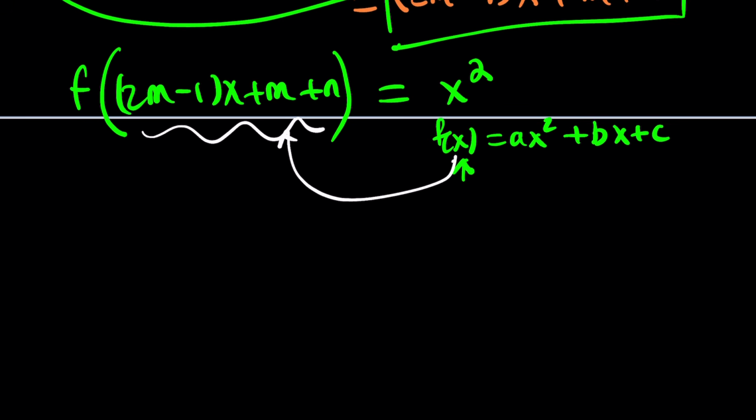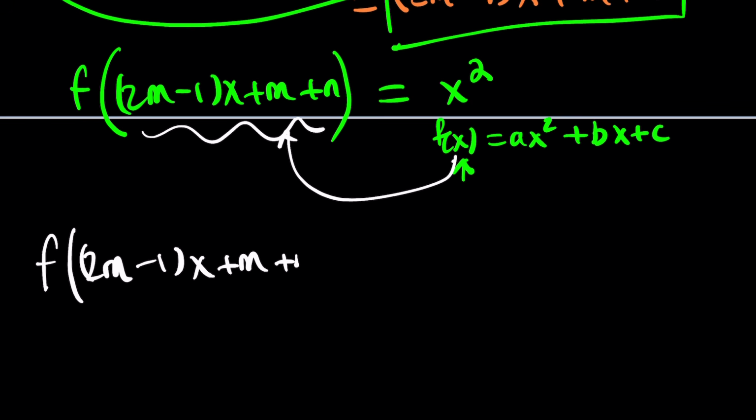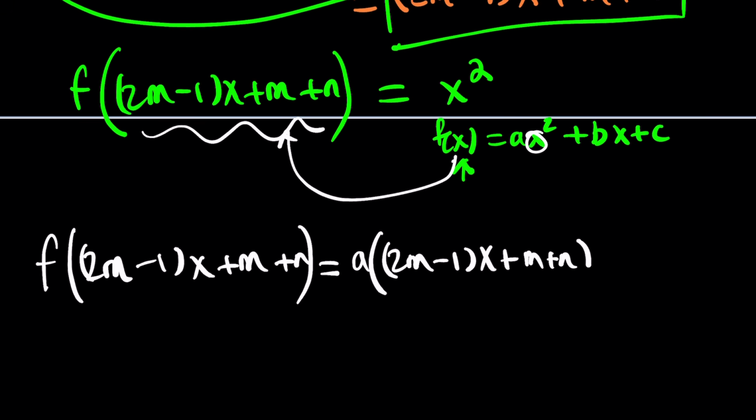So now this becomes f of (2m minus 1)x plus m plus n equals, now we're going to replace x with that: a times (2m minus 1)x plus m plus n squared, plus b times that, plus c.